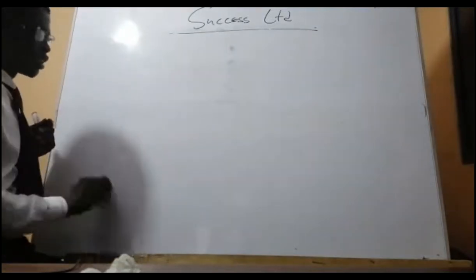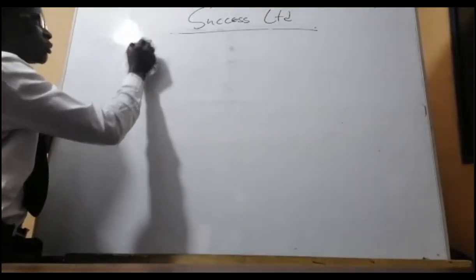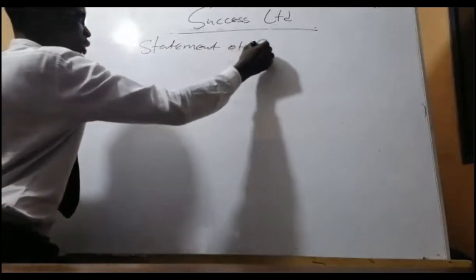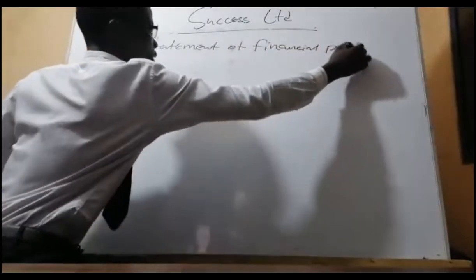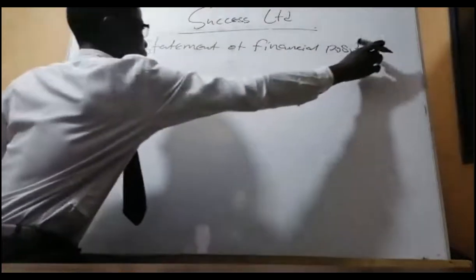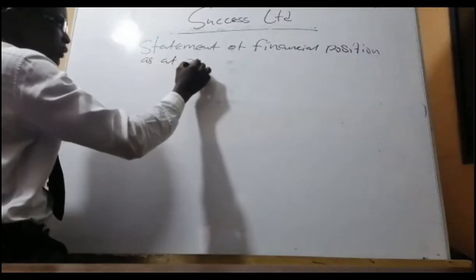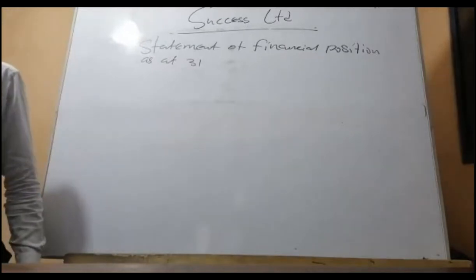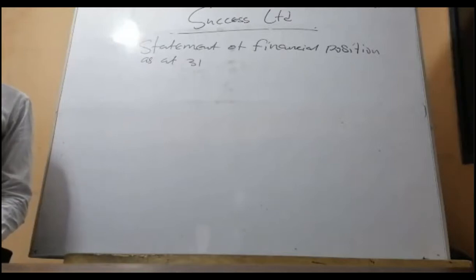So the heading, or the requirement, will be statement of what? Statement of financial position as at 31st December.